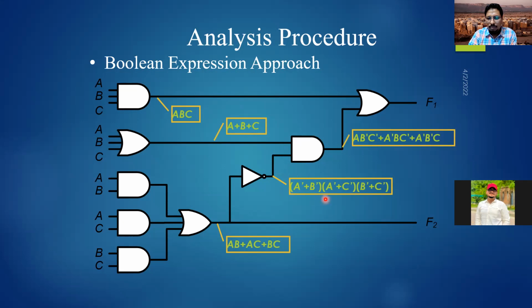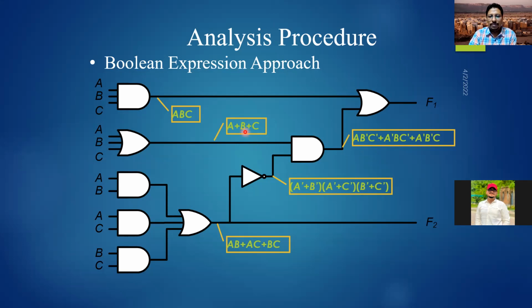You have to multiply this one, or add this result with this one. Now, if you multiply A with A prime it will be 0. But A into A prime, it will be there, then into C prime, it will give you the first one, this one.